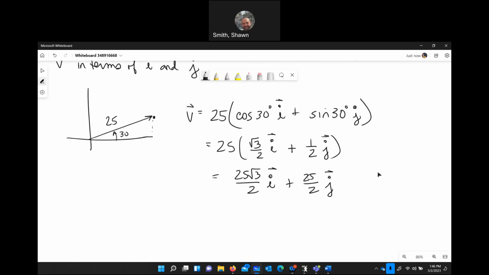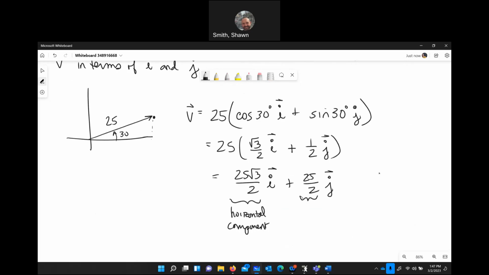So if you want to look at it as individual horizontal vectors and vertical vectors, the x, the horizontal, the y, or the a and the b, if you want to think of it that way. This is your horizontal component. This vector added to this vector makes the diagonal component, right?